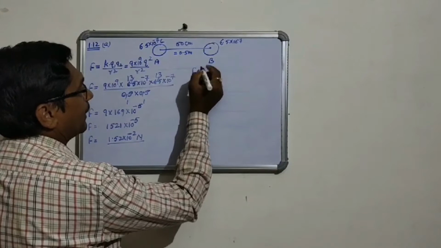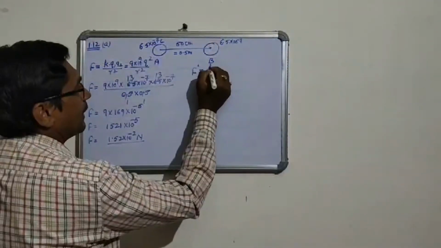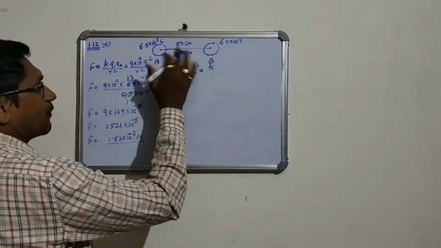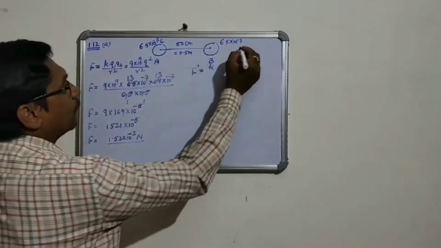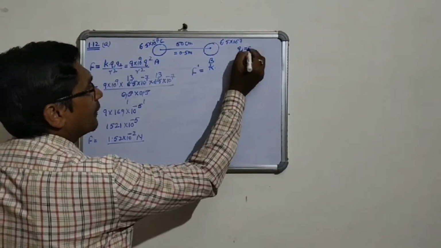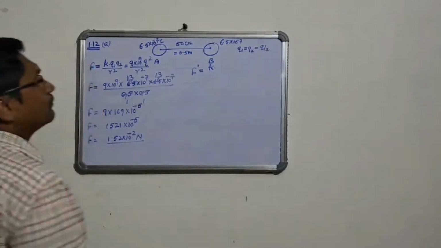So we can calculate F dash equals to K, a constant, similar because the medium is air. The charge is halved, so Q1 is equal to Q2 is equal to Q by 2.